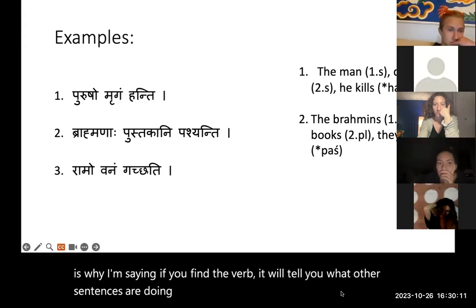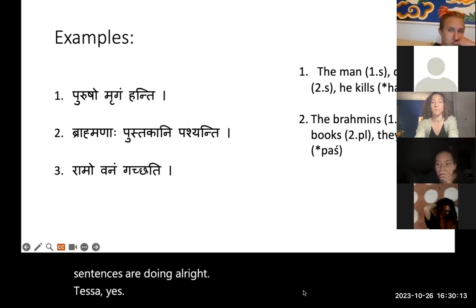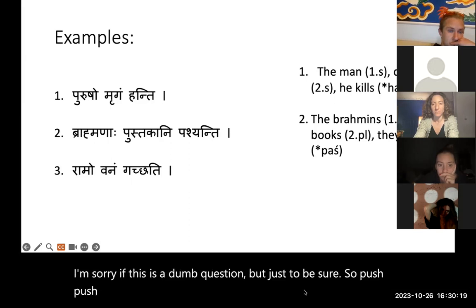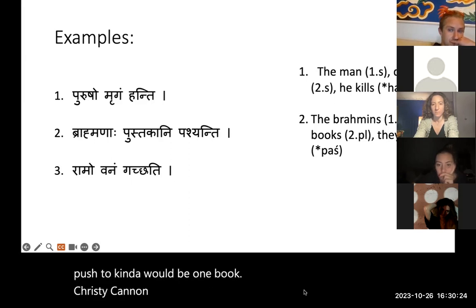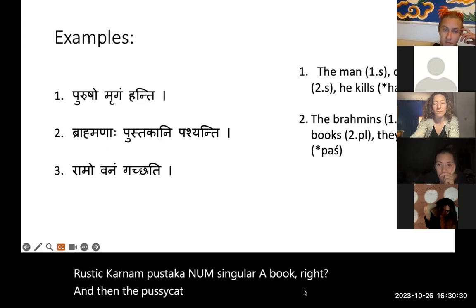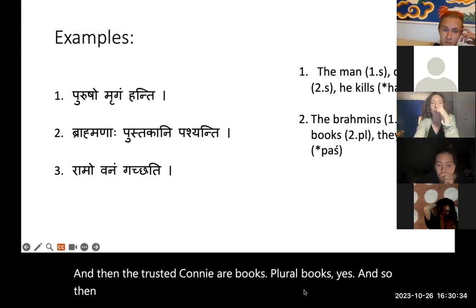All right, Tessa, yes. I'm sorry if this is a dumb question, but just to be sure, pustakam would be one book, right? Singular, a book, right? And then the pustakani are books. Plural books, yes.